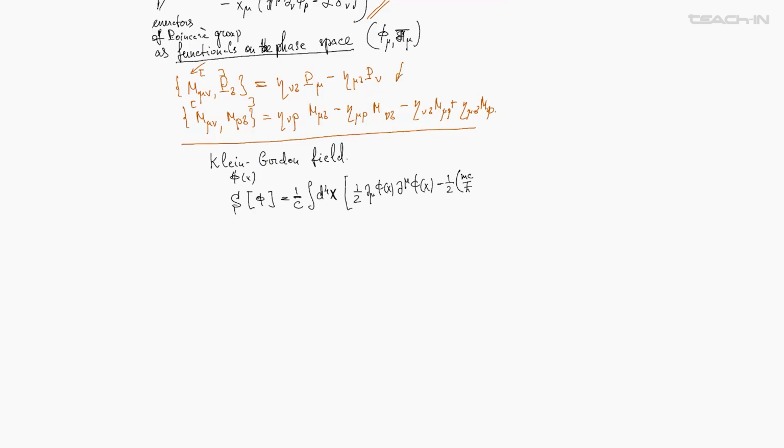So the Klein-Gordon field is a massive relativistic scalar field.